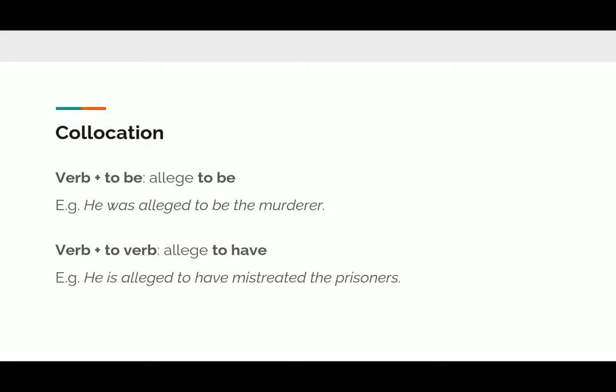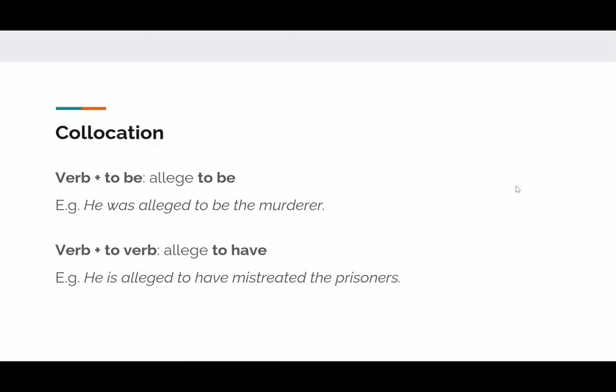The second collocation is verb plus to plus verb. So alleged to have. He is alleged to have mistreated the prisoners. It's similar with the first collocation. He is actually claimed to have mistreated the prisoners, but there's no proof to prove that.